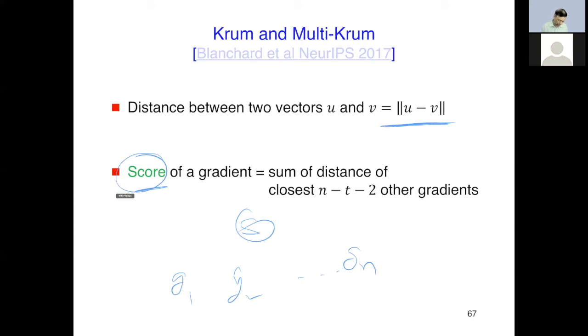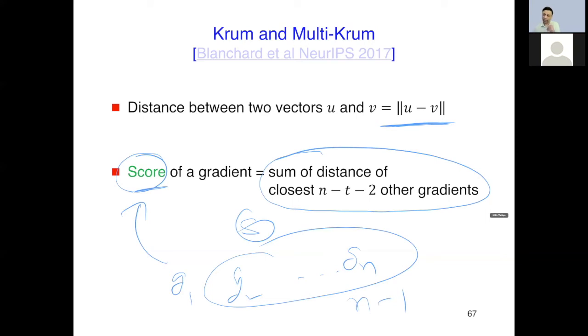So score for g1, for example, there are n minus 1 gradients left if you ignore g1. So score of gradient g1. What we're going to do now, we're going to compute the distance of g2 from g1, distance of g3 from g1, gn from g1, and so the distance of every gradient from g1, and then add up the distances of the closest n minus t minus 2 other gradients, right?